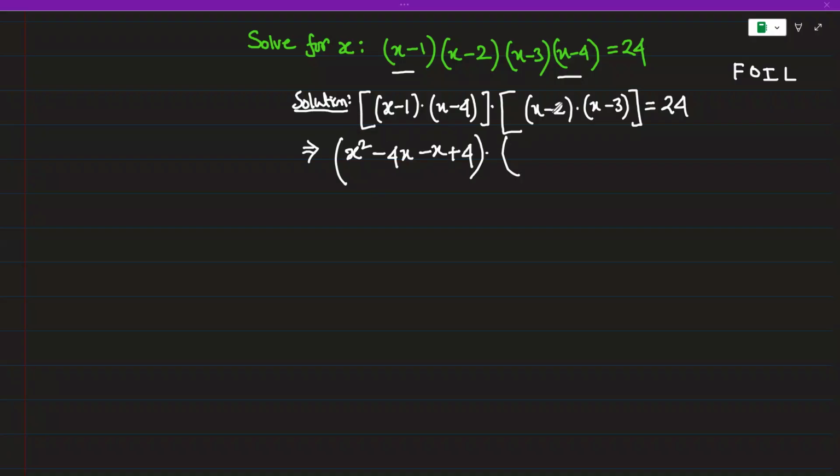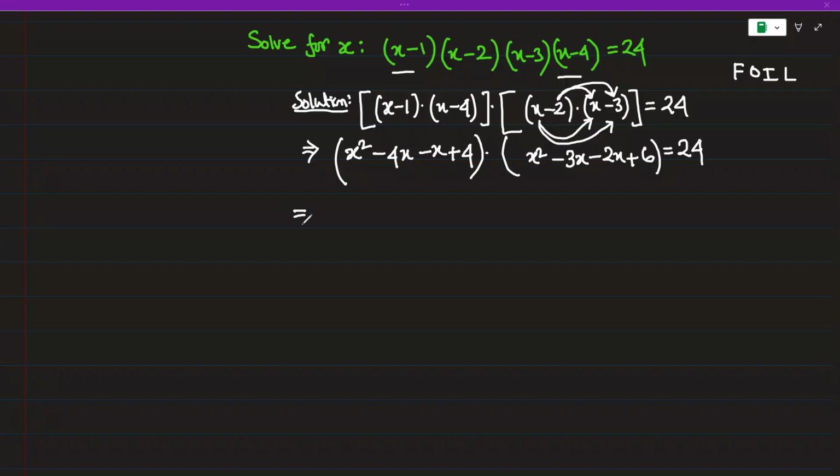Similarly, x times x is x squared, and then x times −3 is −3x. −2 times x will be −2x. Minus 2 and minus 3, if we multiply that, we get positive 6, equal 24.